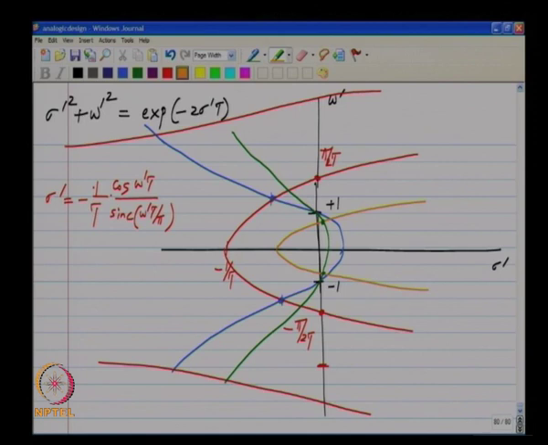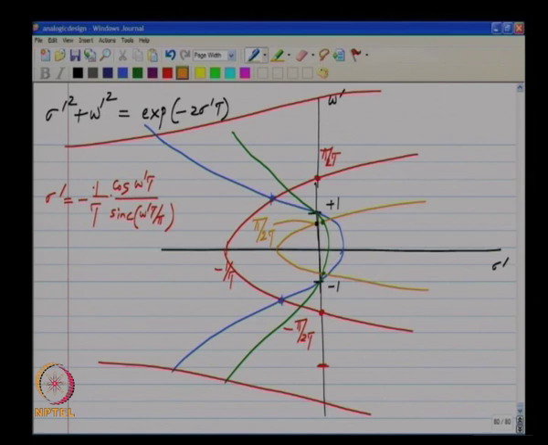Now, we have to find out the value of tau for which the solution moves to the right, and this is rather simple because the plot of the first equation always passes through plus 1 and minus 1 on the omega prime axis, and the plot of the second equation passes through pi by 2 tau and minus pi by 2 tau. For the intersection to happen in the right half plane, this cup has to be within the plus 1 and minus 1. That is to say, this point of intersection pi by 2 tau has to be less than 1.